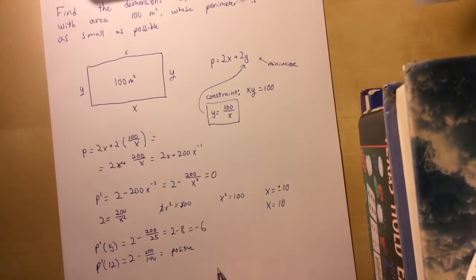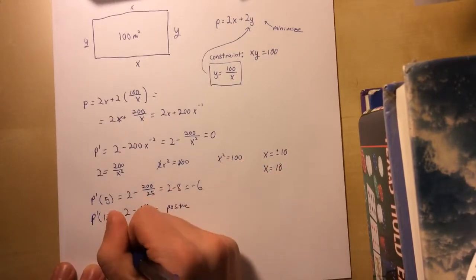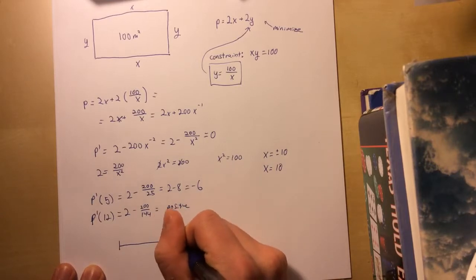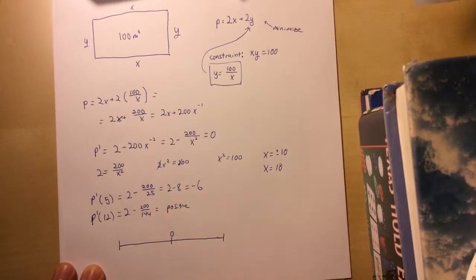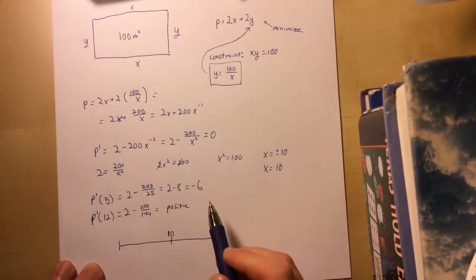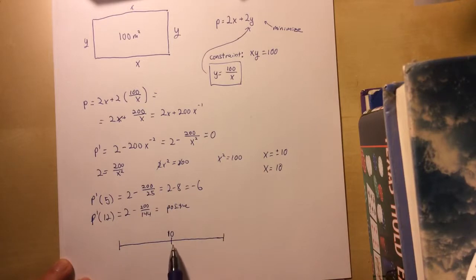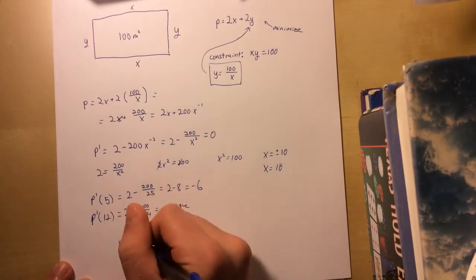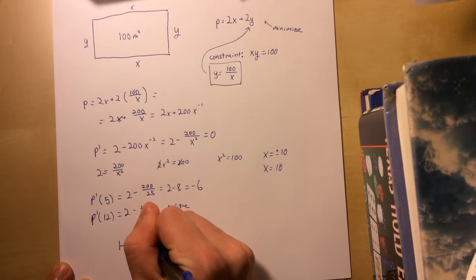As we see here, and this is sometimes useful, drawing it like this, kind of a number line. Here's 0. And over here, here's actually 10. That was our x value, 10. So when we have x values that are less than 10, what we saw is that p prime was negative. So that means that the function is decreasing.